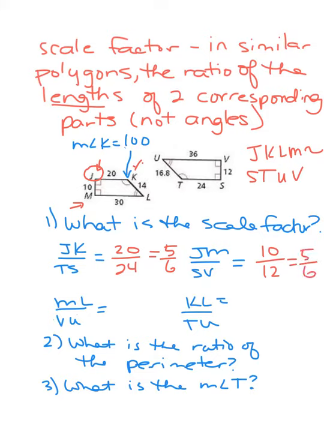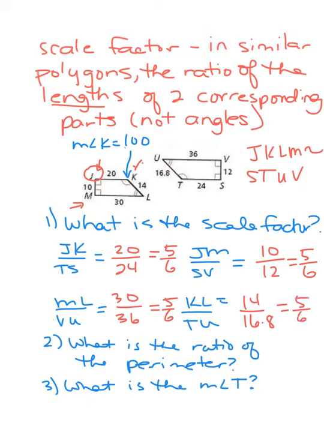When I look at segment ML, it has a measurement of 30. Segment VU has a measurement of 36, and again, that simplifies to 5 over 6. And KL has a measurement of 14. TU has a measurement of 16.8, and that also simplifies to 5 over 6.